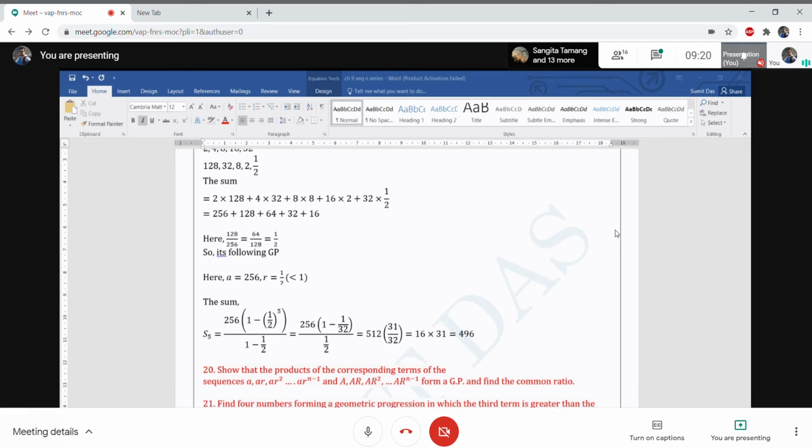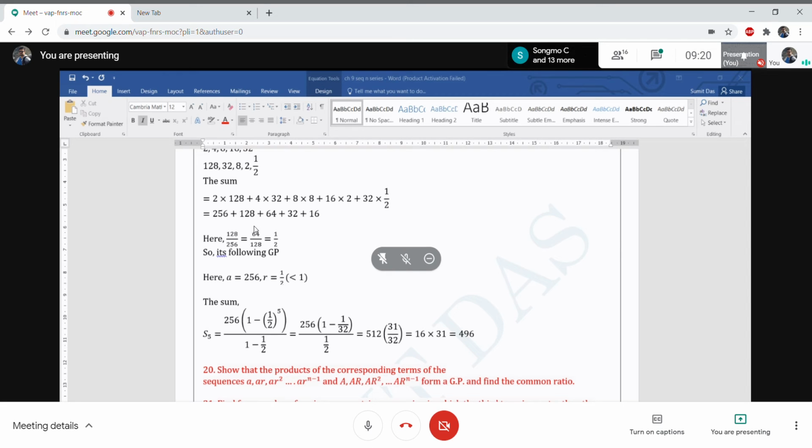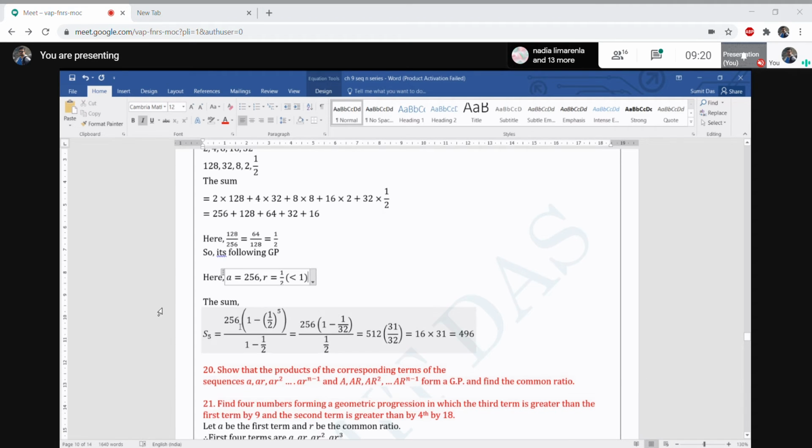We have to find the sum up to 5 terms: 1, 2, 3, 4, 5 terms are there, right? So S5 will be A into 1 minus R to the power 5, here R is 1 by 2 and 5 is N, divided by 1 minus R. So 256 here, and 1 minus 1 by 2 to the power 5, 2 to the power 5 is 32.